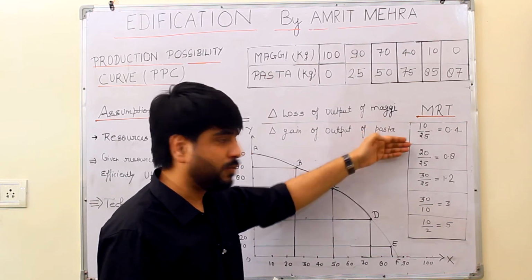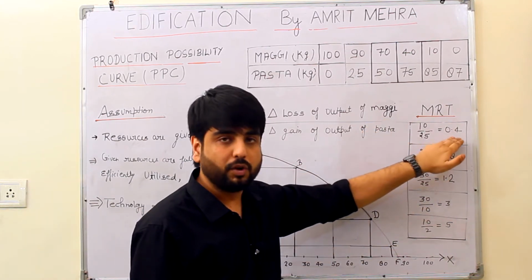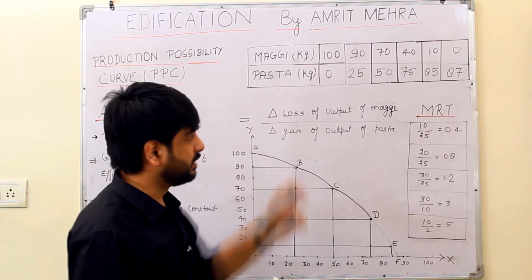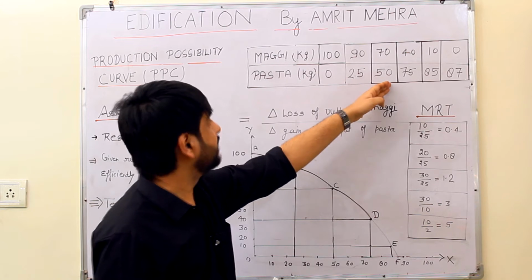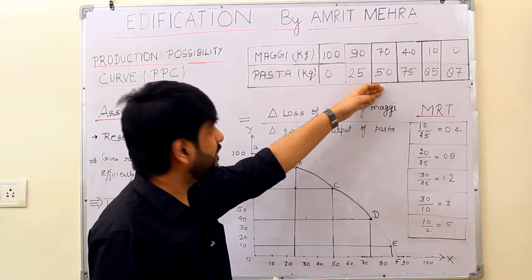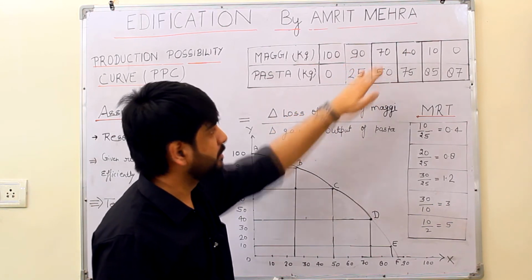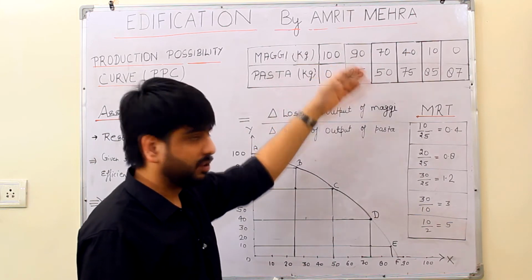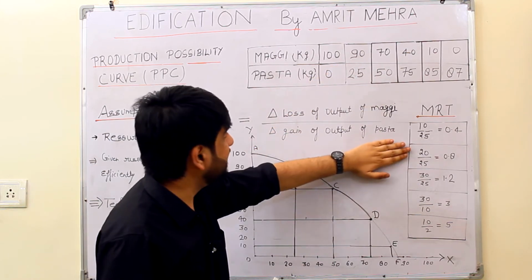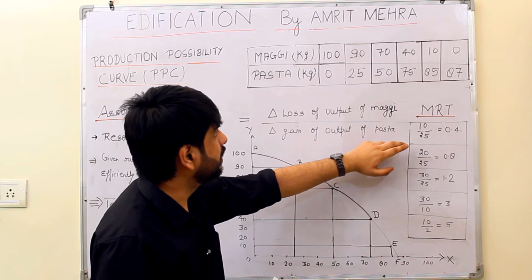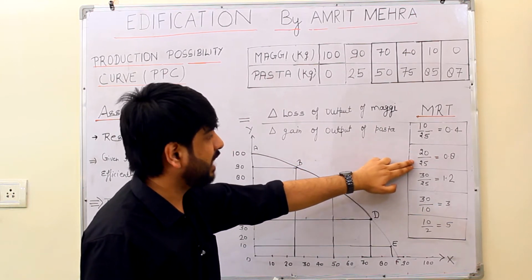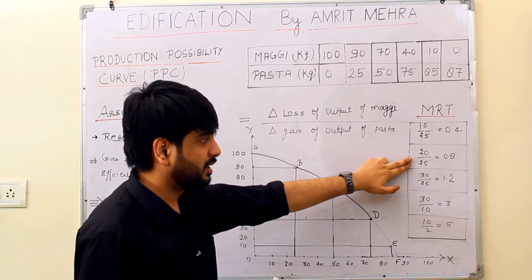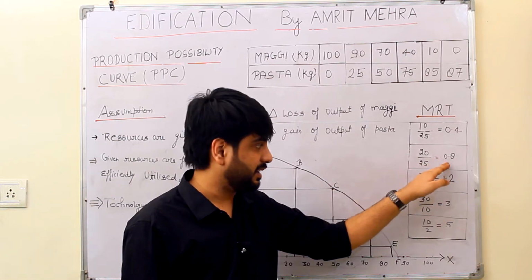If we divide 10 upon 25, we get the value 0.4 in decimals. Moving further, we produced 25 units more of the second product, that is pasta, and we lost 20 kgs from Maggi. Let's put this in a fraction form. 20 kgs Maggi, there's a loss of 20 kgs in the production of Maggi, and 25 kgs are being increased in pasta. The value is 0.8.